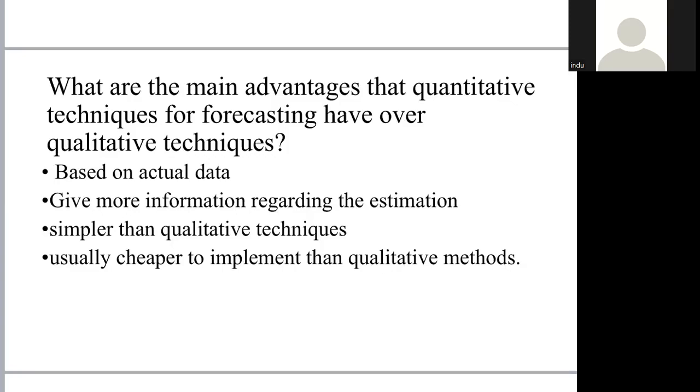So therefore we can say quantitative methods are usually simple. However, this does not mean that all quantitative forecasts are based on direct application of one or two factors reached from past behavior. But generally we can say this, right?